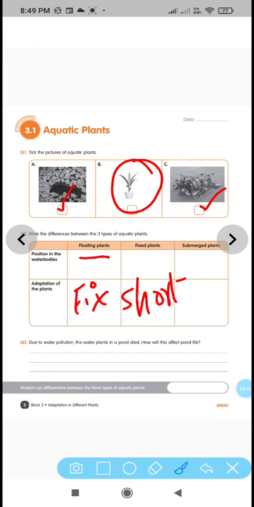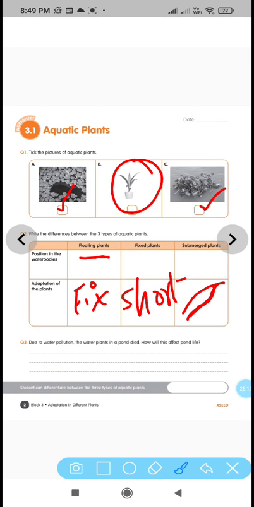Fixed plants, short roots. Submerged plants, narrow and ribbon-like, very thin leaves. These are the three adaptations shown by the three different plants. Okay, children, so neatly write that in your book.